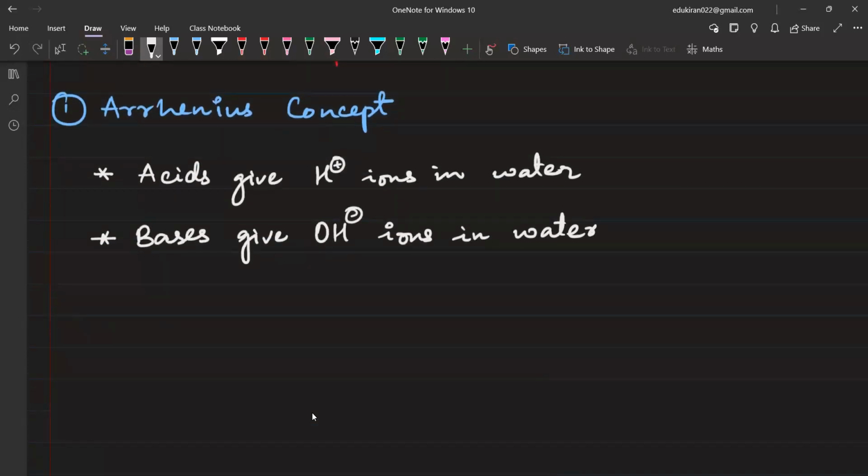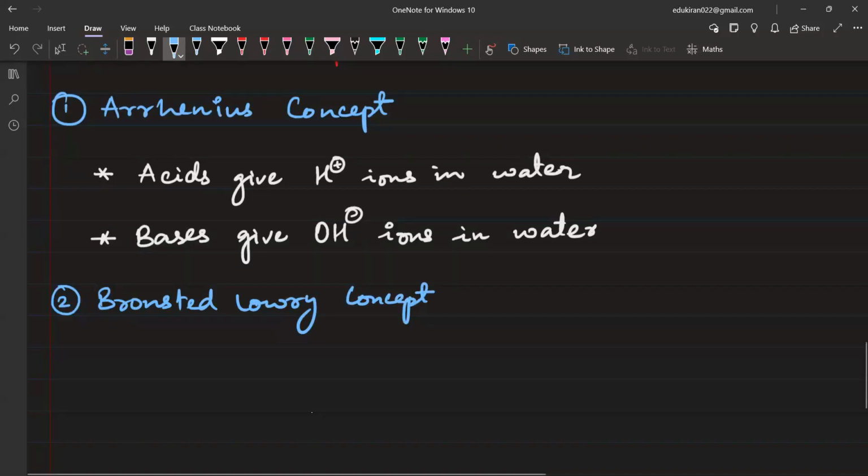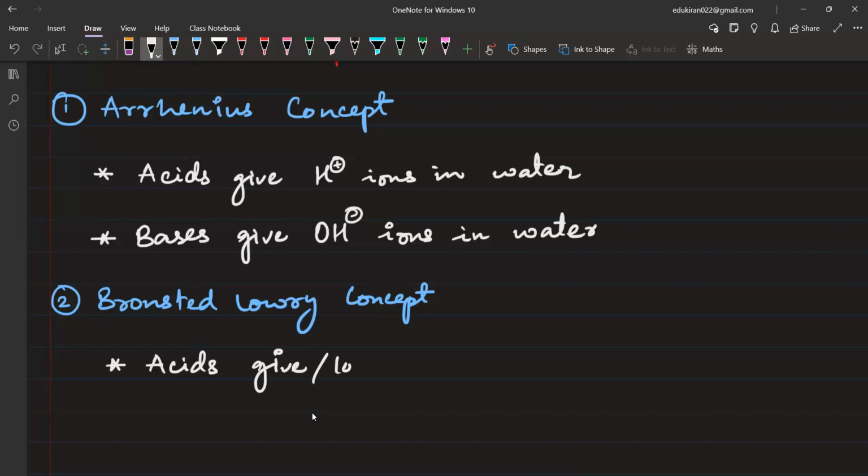The second concept was given by Bronsted-Lowry. His definition was only on the basis of H+ ions. Bronsted said that acids give, or you can say lose, H+ ions.